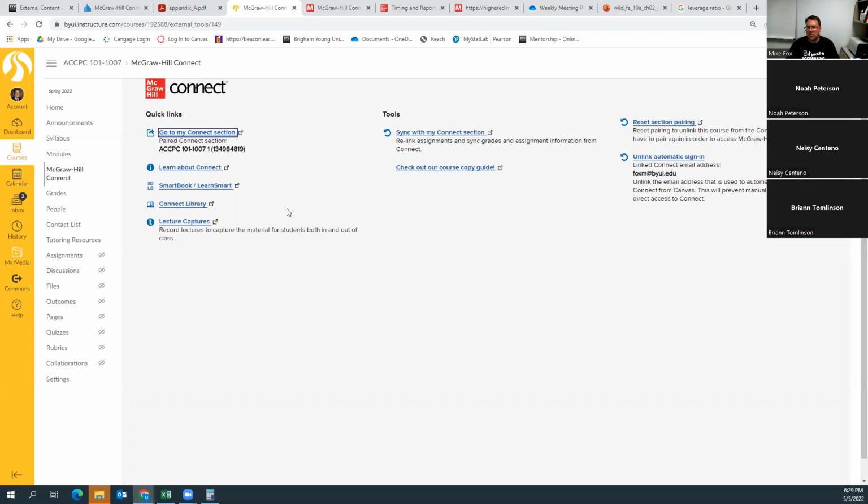Okay, because Canvas is really optimized for Chrome for some reason. I don't know why, but a lot of people have problems when they're using other browsers. So I don't know why that's happening to you, because that's not a complaint I hear a lot. Occasionally I find out a student's trying to do this whole thing on a phone, and that would be horrible.